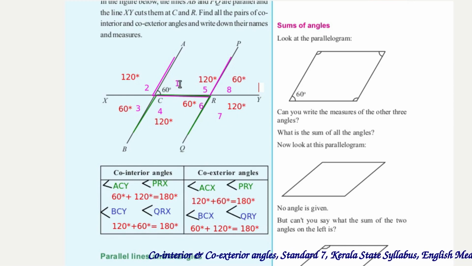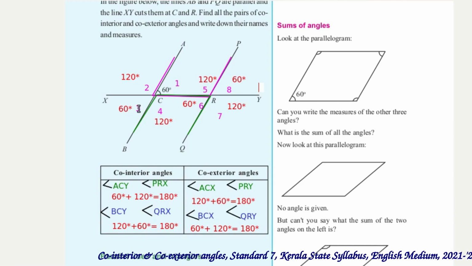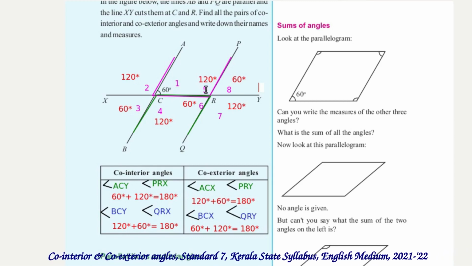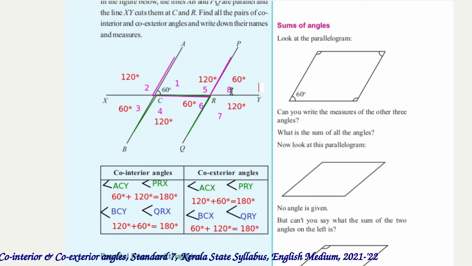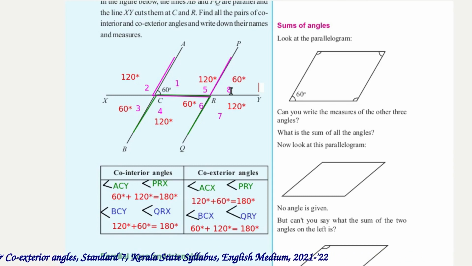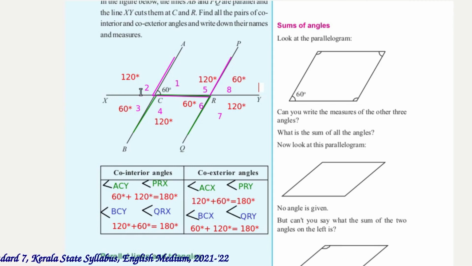Here you can see angles 1, 2, 3 and 4, and here angles 5, 6, 7 and 8. The angles you can see above XY are 2, 1, 5 and 8, and angles below XY are 3, 4, 6 and 7.